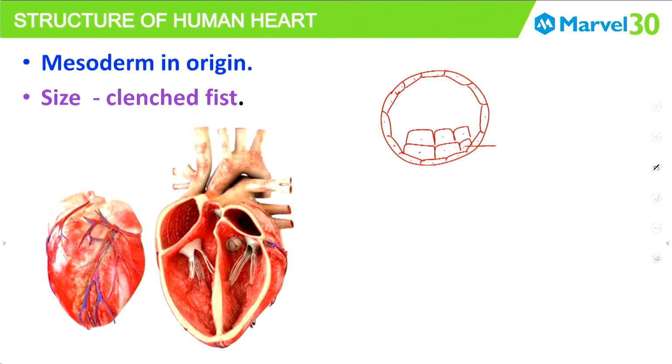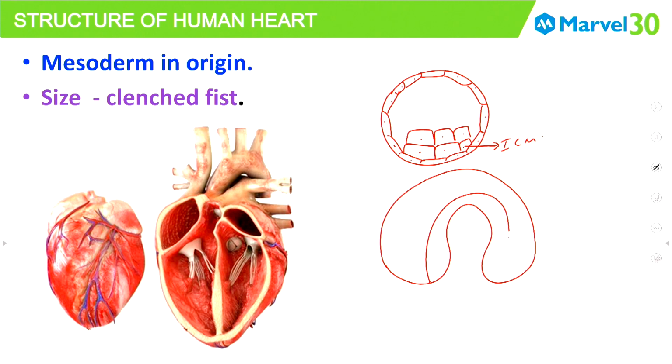And this inner cell mass, during the gastrulation phase, invagination will occur, and you can see these three layers: endoderm, mesoderm, and ectoderm. And from the mesoderm, the heart will originate. Okay, so that is the origin of the heart.